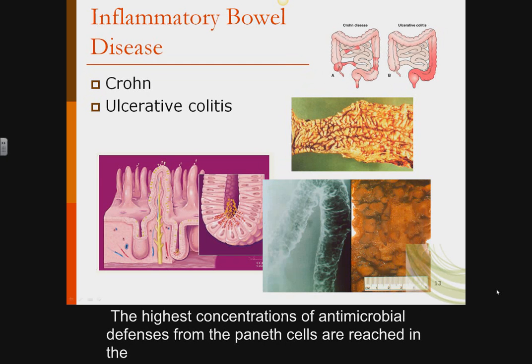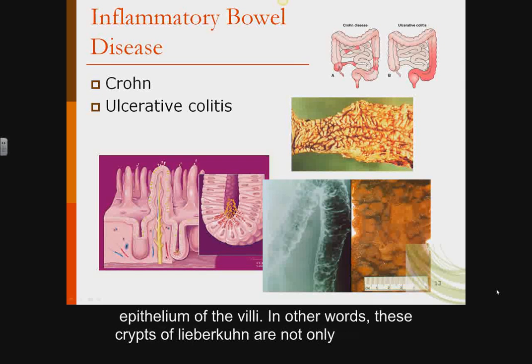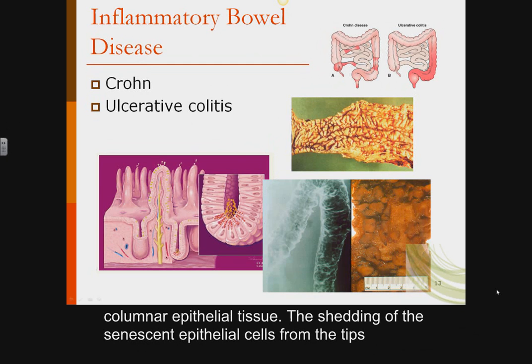The highest concentration of antimicrobial defenses from the Paneth cells are reached in the crypt, from which the intestinal stem cells continually regenerate the absorptive epithelium of the villi. In other words, these crypts of Lieberkühn are not only important in releasing antimicrobial defenses, but they also replenish the simple columnar epithelial tissue.